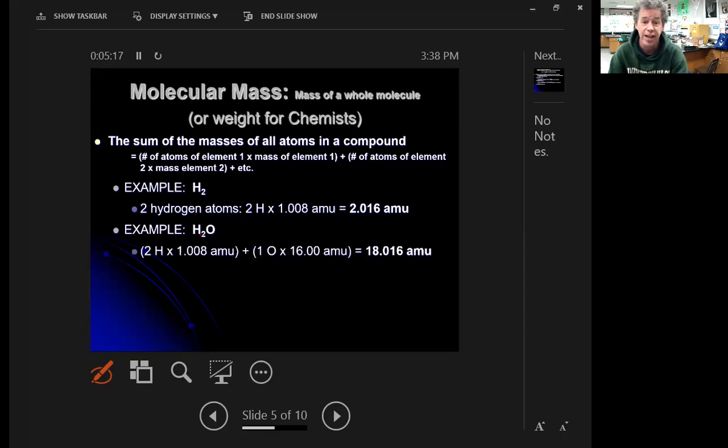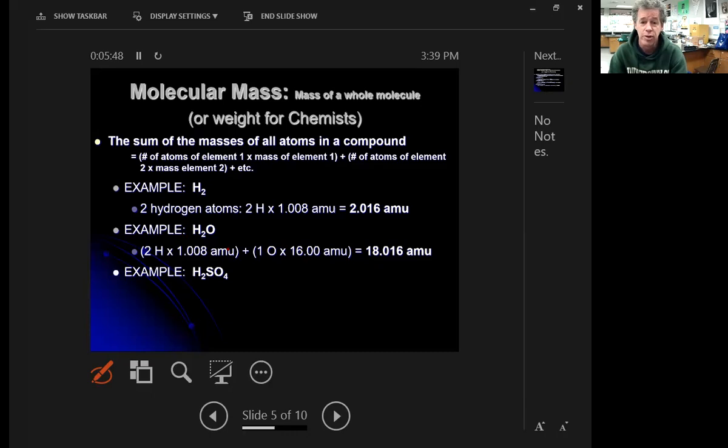Water has your H2 in there, which we already said was 2 times 1.008, plus an additional 1 oxygen, which is 16.00 AMUs. So the total is approximately 18.016 AMUs for the whole molecule. And notice, interestingly, most of it is actually oxygen. Even though it's H2O, most of the mass is oxygen, and only a little bit of the mass is the hydrogen.